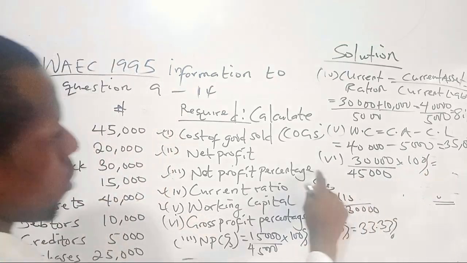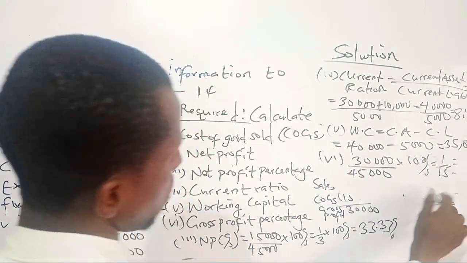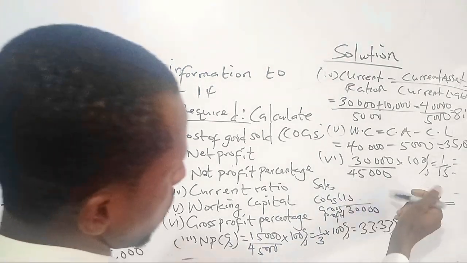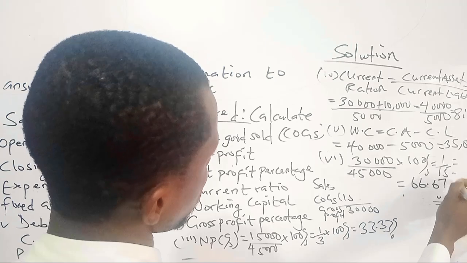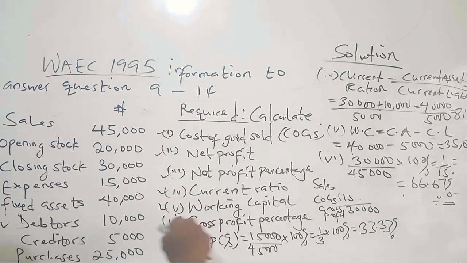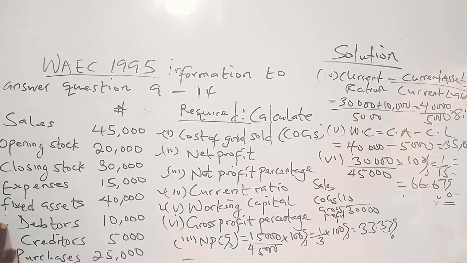When you do this, you have 2/3. When we press it with our calculator, we have 66.67% for our gross profit percentage. So these are the ways of attending to questions like this. Thank you very much.